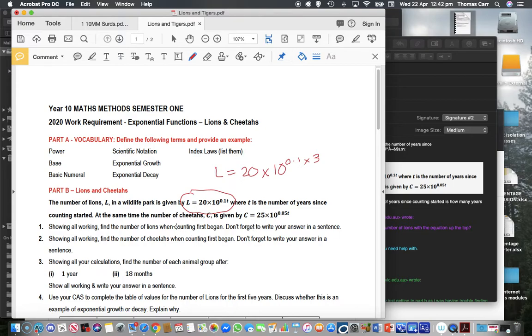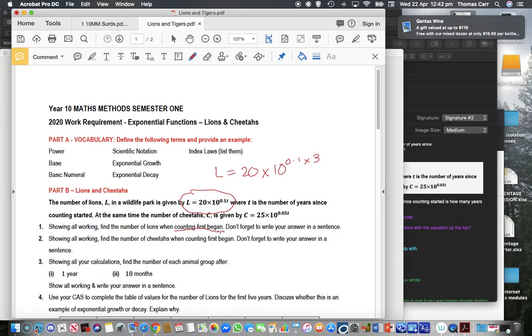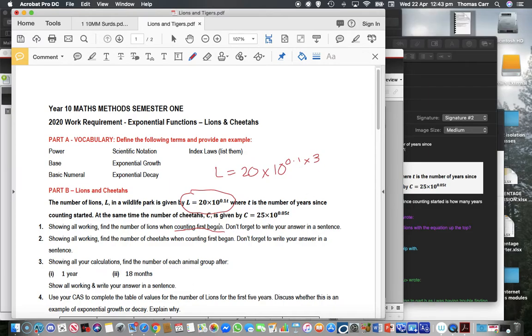When the counting first began, how many years have gone by? Has 1 year gone by when you first start? Has 10 years gone by? Well, usually when you very first begin something, it means that no time has gone by at all yet. So that would be a t-value of 0.